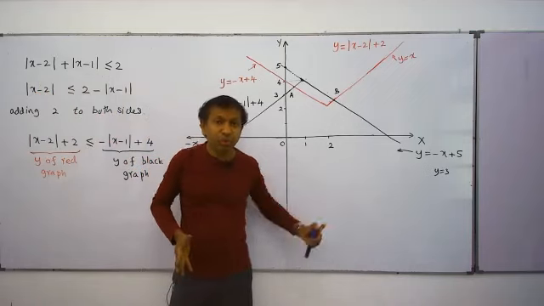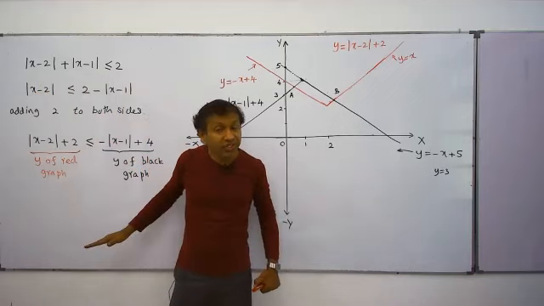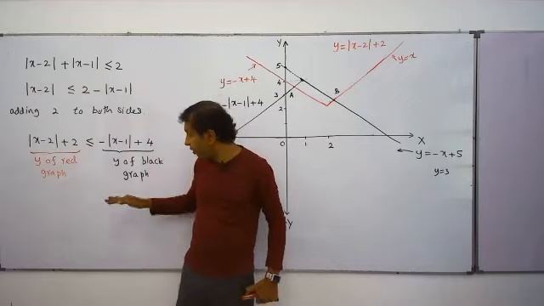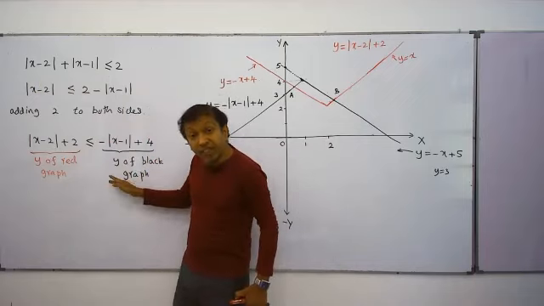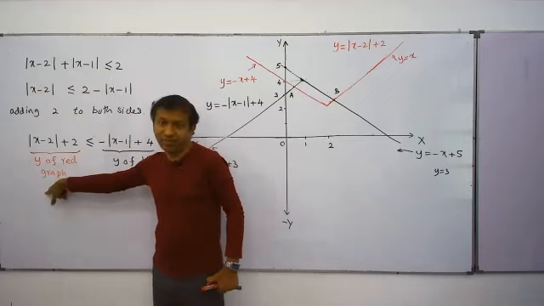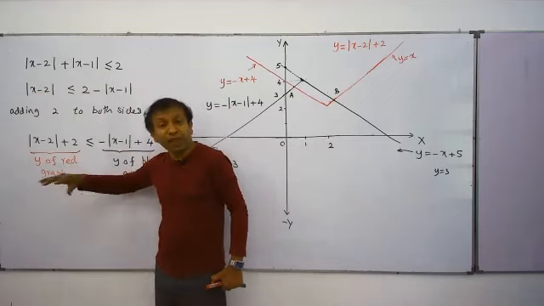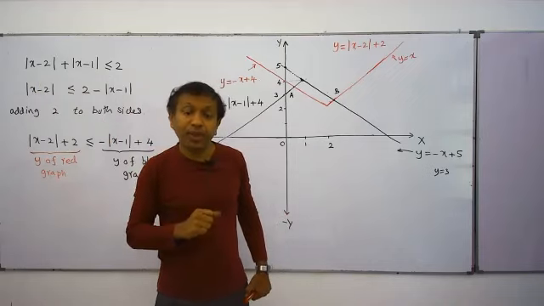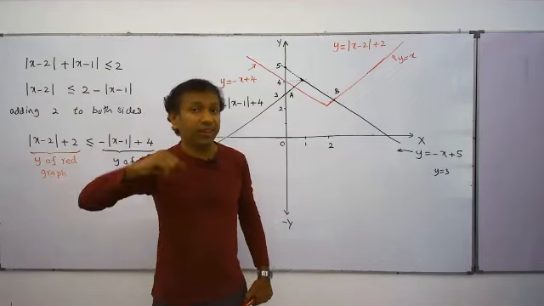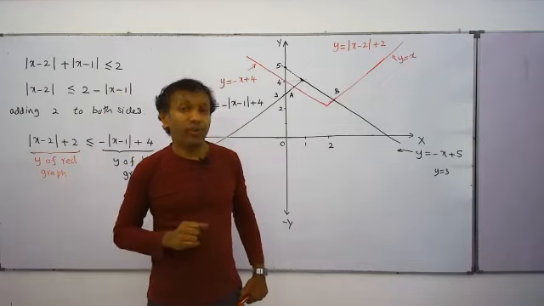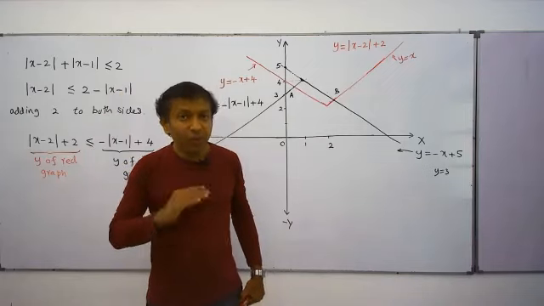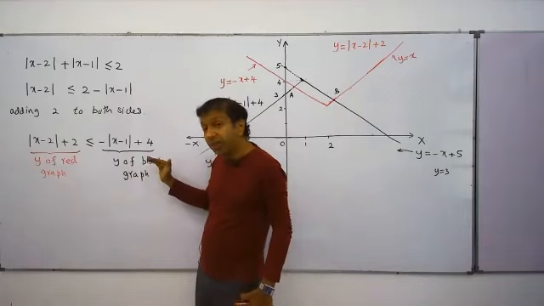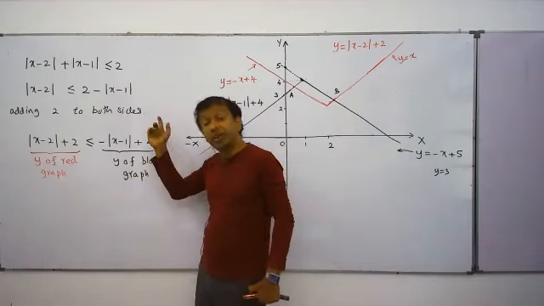In these two graphs, what is the range of x in which the black graph is above the red graph? Why, people? When the black graph is above the red graph, only what can you say? The y of black greater than y of red. Understood? So now we need to find in what interval of x the black graph is above the red graph.